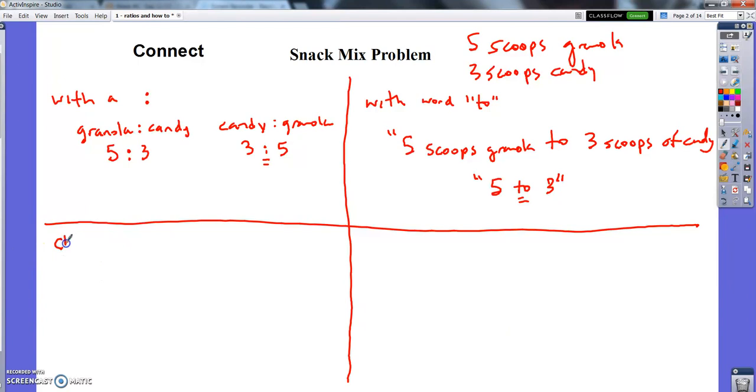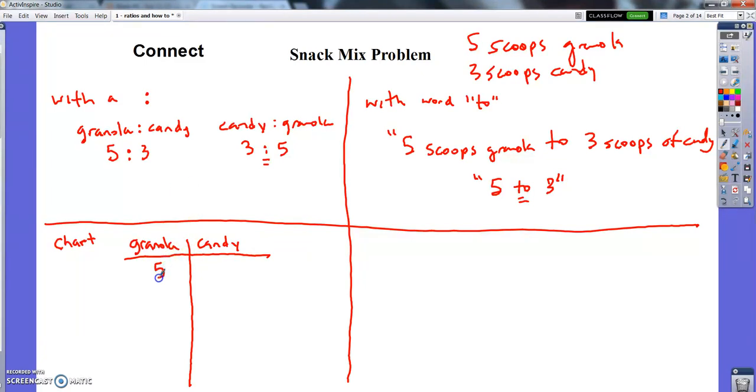Another way is with a chart. And with a chart, we kind of show multiple sets of the ratios. So if you want to think about it, as this guy made granola to candy sets, in a chart, we kind of show multiple groups of the ratio at a time.